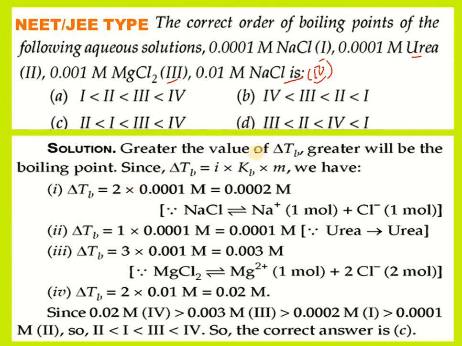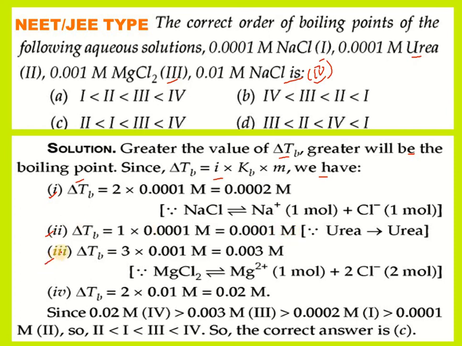See, the concept here is: the greater the value of ΔTb, the greater the boiling point. That is very clear. That's why ΔTb equals i into Kb into m, where the Van 't Hoff factor is also introduced. For the first one, NaCl, 2 particles are coming, so the value becomes 0.0002. Likewise for urea, only 1 particle comes from urea, so the molarity is multiplied by 1 and the ΔTb remains the same.